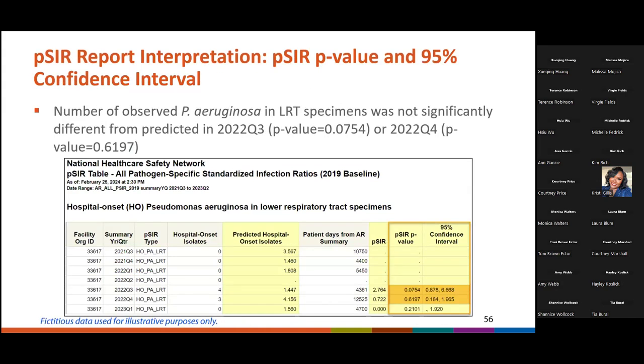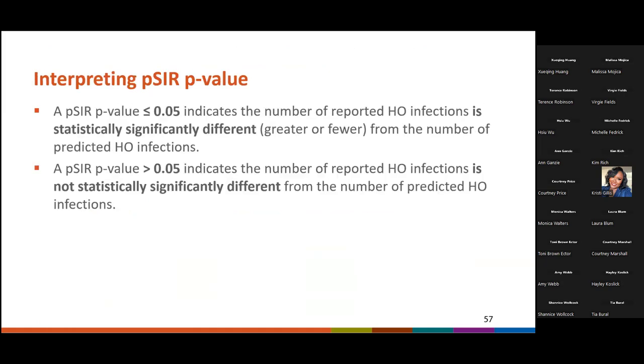Looking at the pSIR p-value and the 95% confidence interval, the number of observed Pseudomonas aeruginosa in lower respiratory tract specimens was not significantly different from predicted in 2022 Q3, where the p-value was 0.0754, or 2022 Q4, where the p-value was 0.6197, all greater than 0.05. So similar to the SIRs, you can interpret the p-value and the 95% confidence interval the same way.